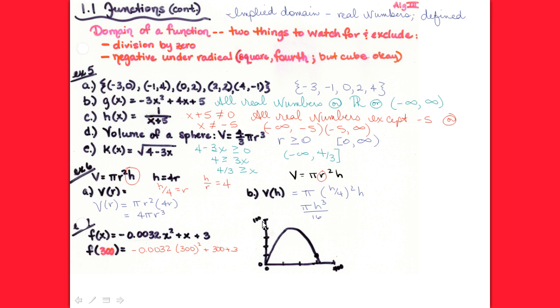So if I go back to the problem, it says, will the baseball clear a 10-foot fence located 300 feet from home plate? Now, what did you tell me was the distance away from home plate, x or y? X. So it says it's located 300 feet from home plate. So I got to put 300 in for x, right?